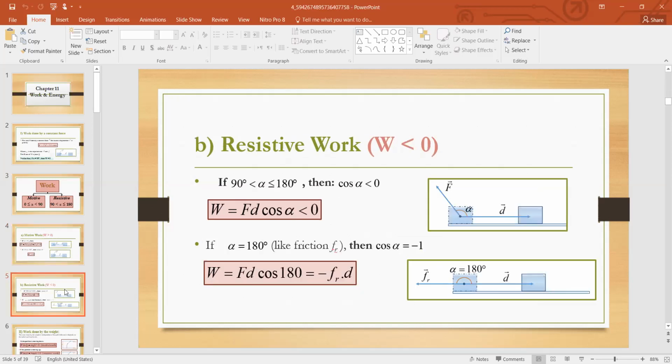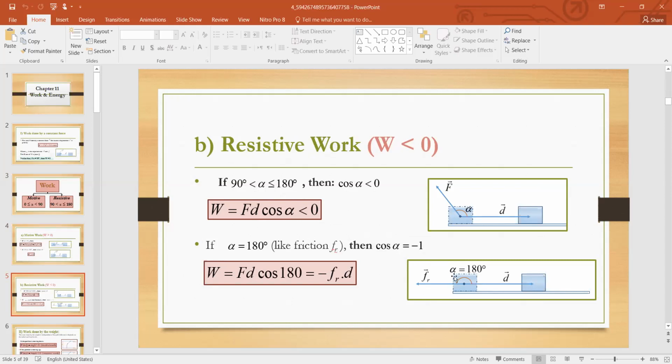What about resistive work? Resistive work means alpha between 90 and 180. In this case, cosine alpha is negative and W is smaller than 0. For example, consider the force of friction. We note that the force of friction always opposes motion. So Fr is always opposite to the displacement.